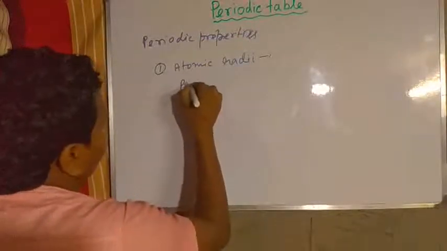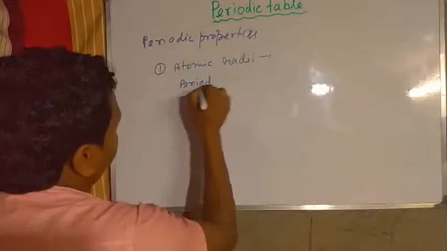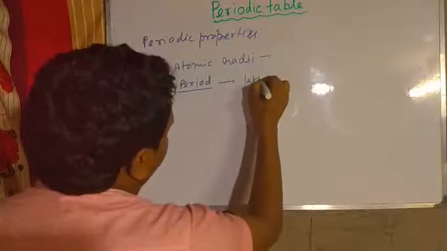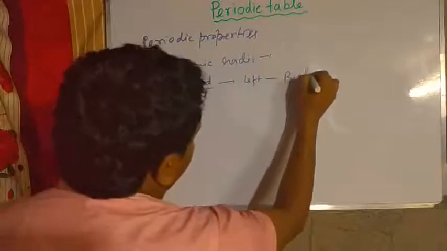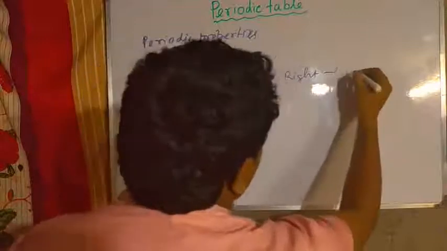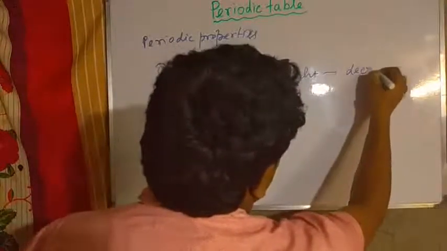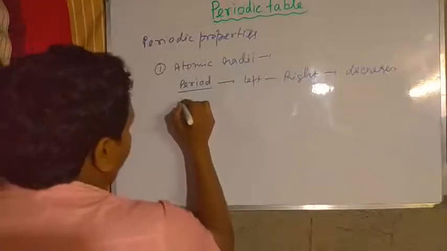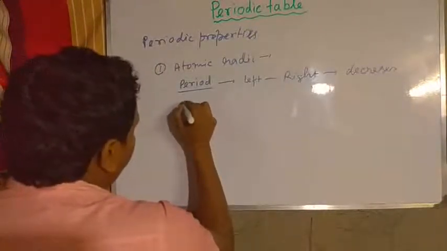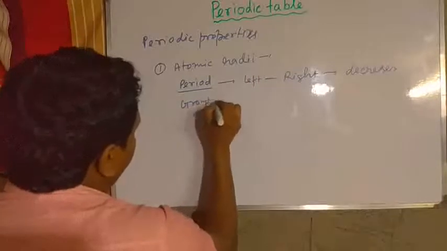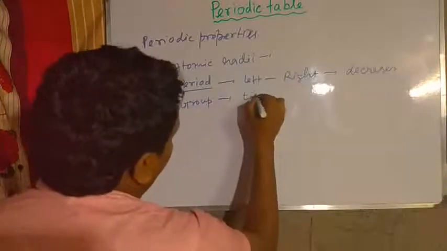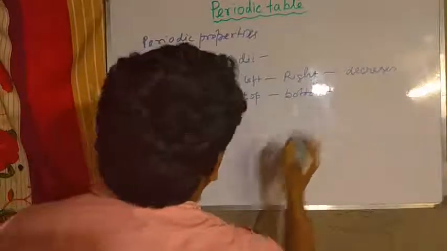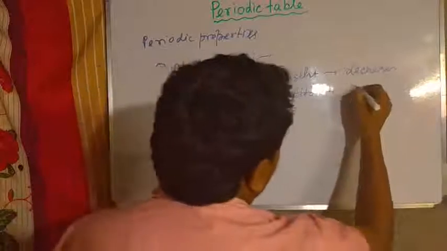Along a period, if we go from left to right, the atomic radius decreases. Along a group, if we go from top to bottom, the atomic radius increases.